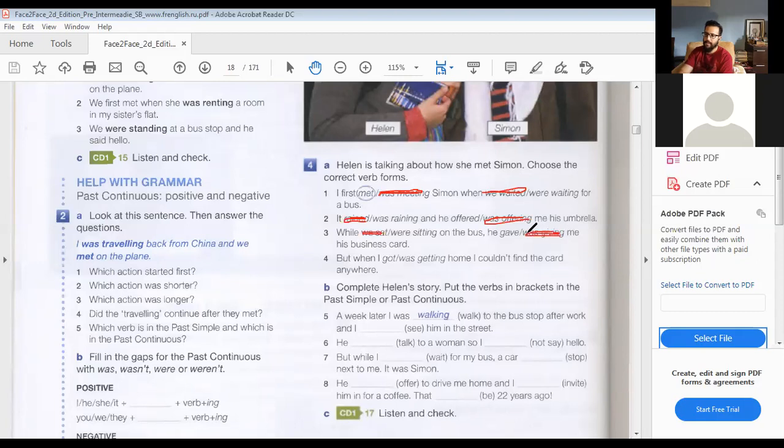All right, good. So the first one, correct. Okay. But when I was getting home, I couldn't find the card anywhere.